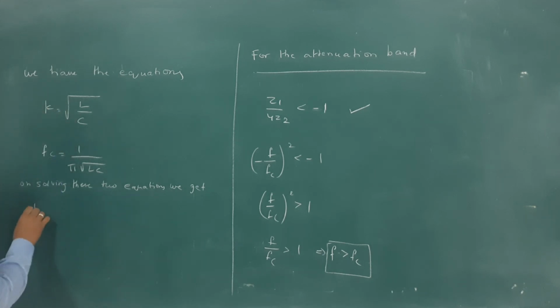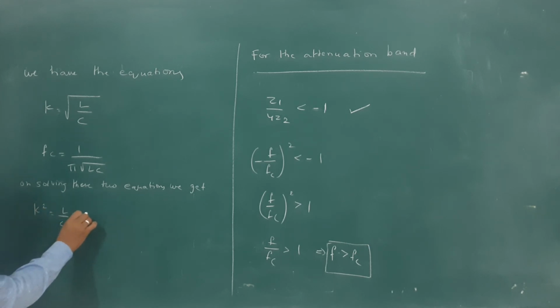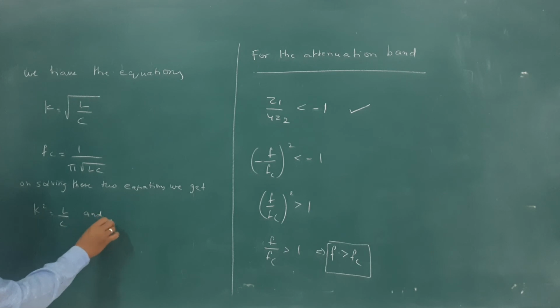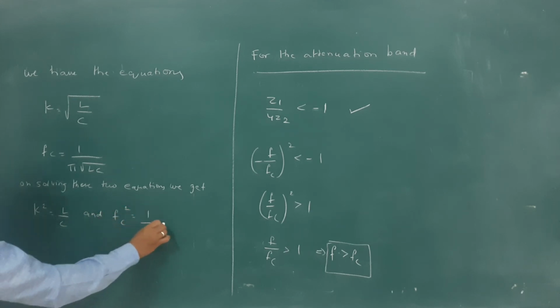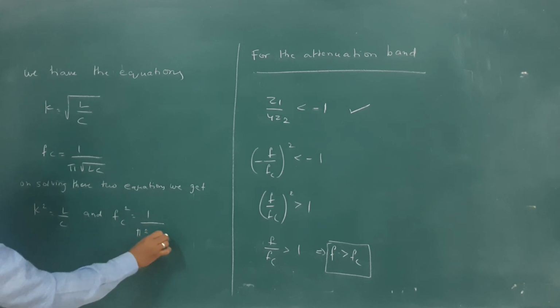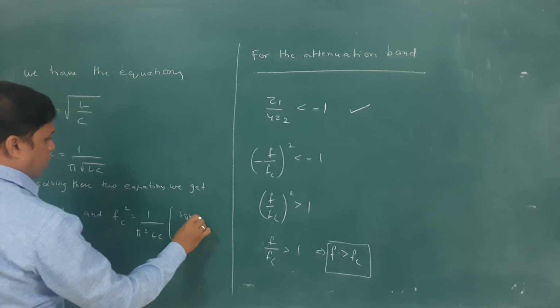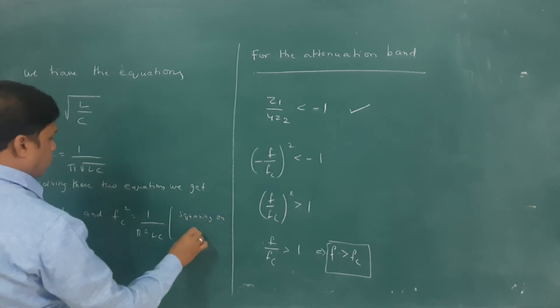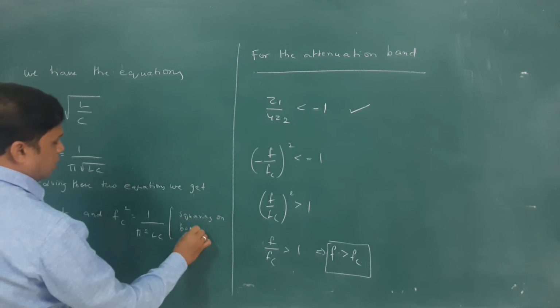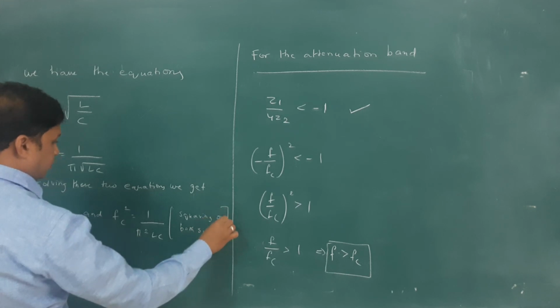So K square is equal to L by C, and fc square is equal to 1 by pi square LC, squaring on both sides.